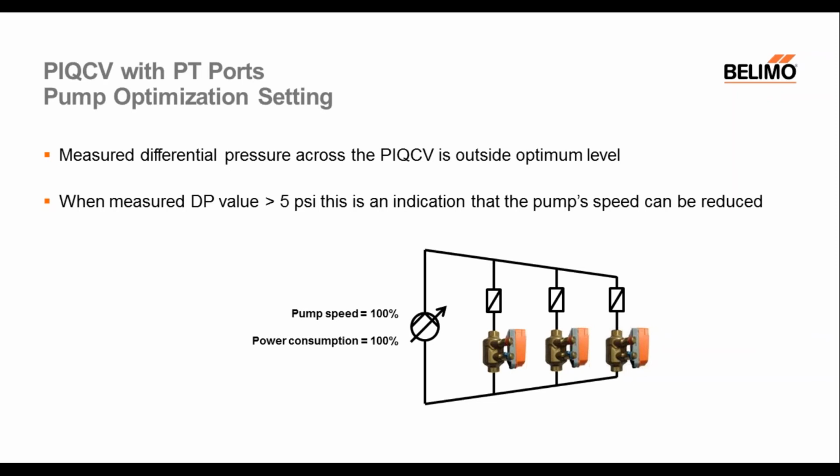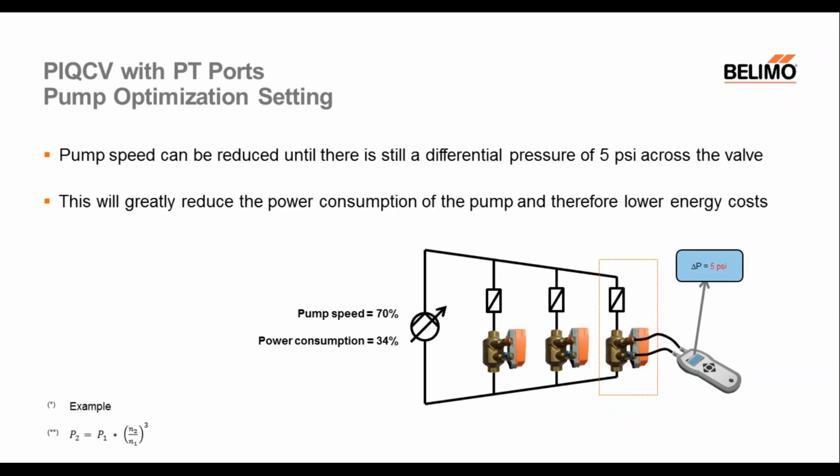By making a small adjustment, so now we measure and we see that we're at 15 psi differential pressure. We're using the PT port. By making a small adjustment, the pump speed can be reduced until there is still a differential pressure of 5 psi across the valve, because that's the minimum we require. This can greatly reduce your power consumption of the pump.